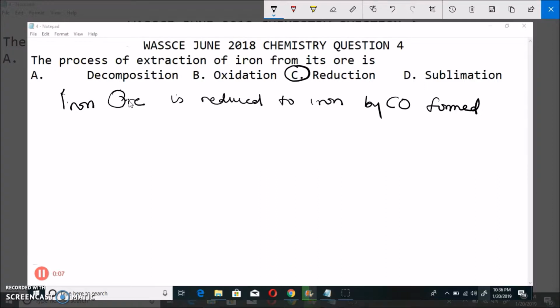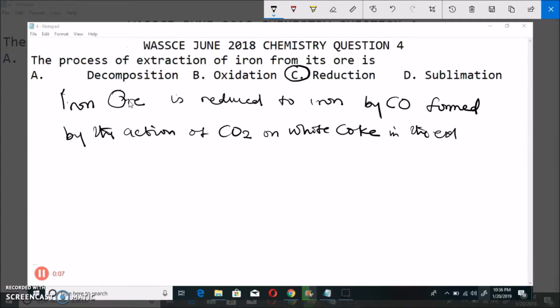This CO is formed by the action of CO2, which is carbon 4 oxide, on white coke in the extraction of iron from its ore.